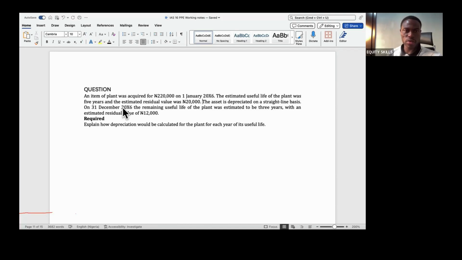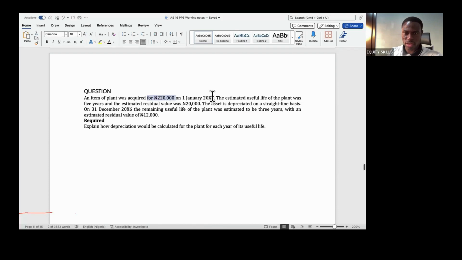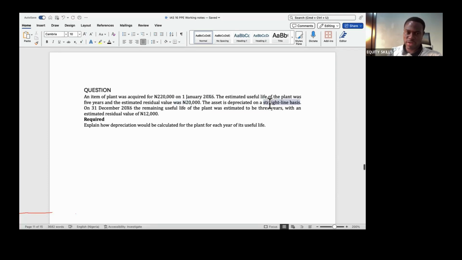Okay, good. So we have a plant that was acquired for 220,000 on this date. Useful life is 5 years, residual value is 20,000, and they use the straight line method of depreciation.